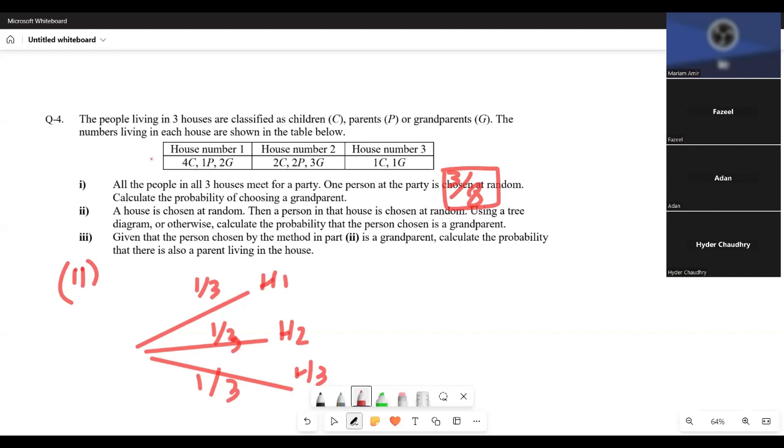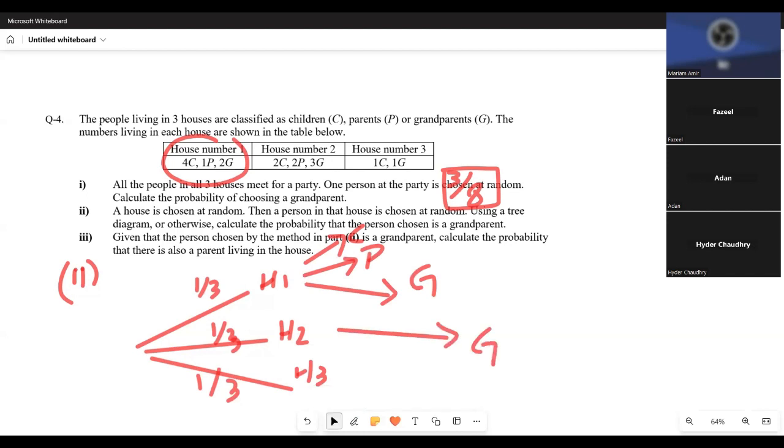Okay, so first you choose a house, then you choose a person in the house. So we have to choose a grandparent. तो इसमें बाकी child और parent की बनाने की जरूरत नहीं है, खाली grandparent की बना देते हैं next बार. Grandparent and grandparent.